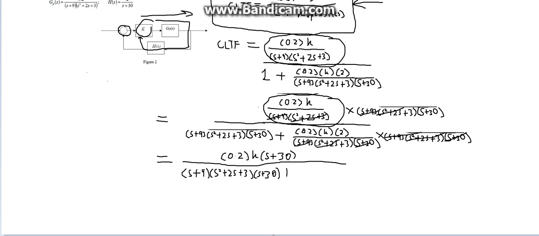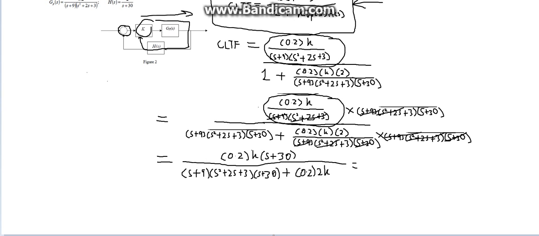And then we just complete our closed loop transfer function derivation once we have a clean numerator denominator transfer function. Okay, done.